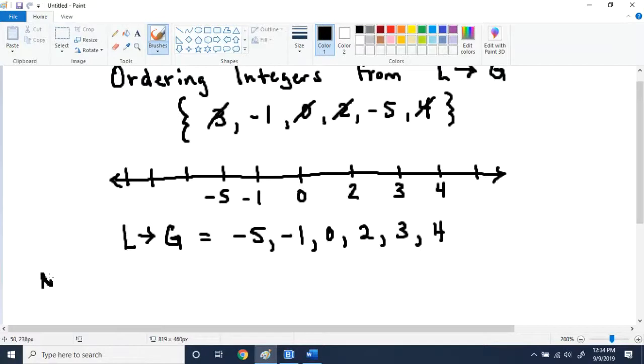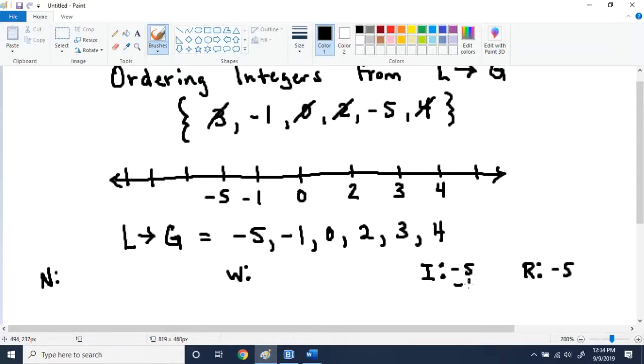And we also have our categories. I'm just going to abbreviate it for natural, whole, integers, and rational. So this negative 5 will be an integer and a rational number.